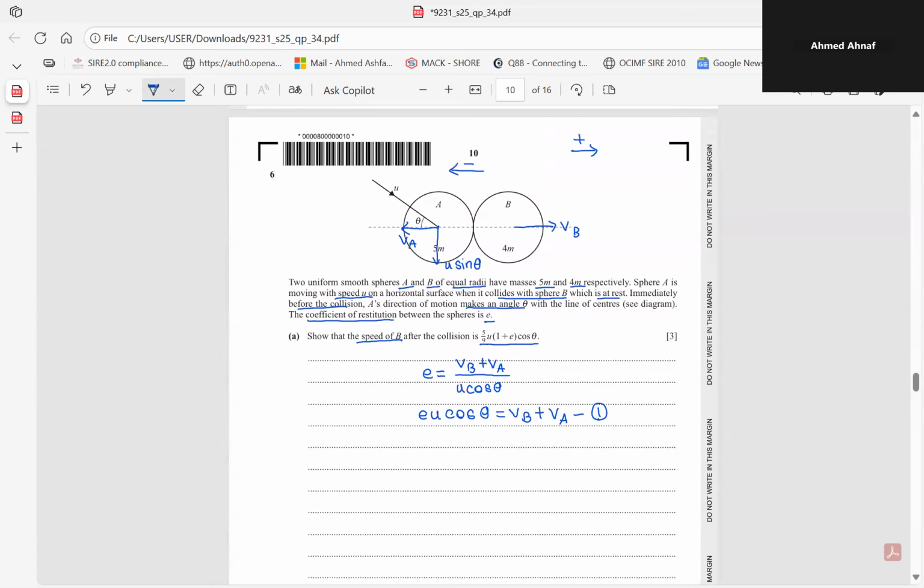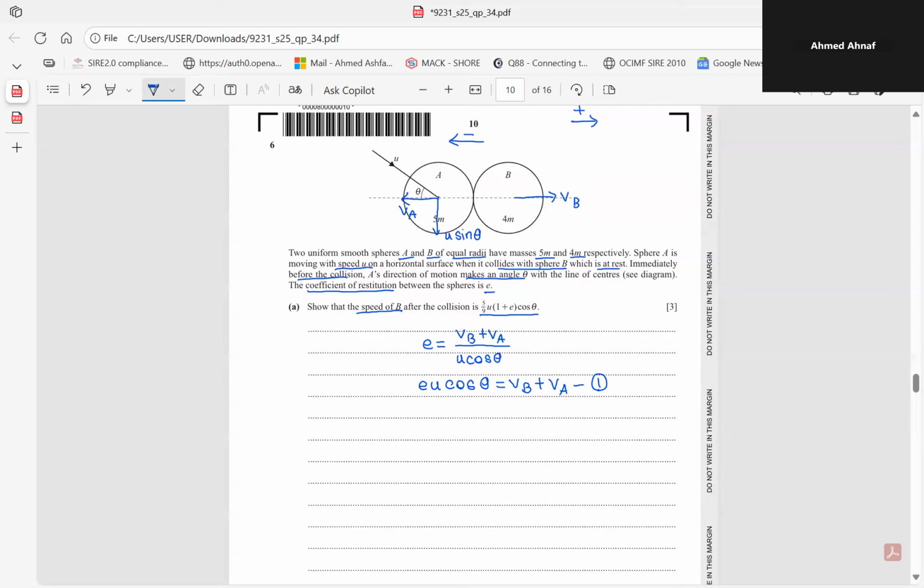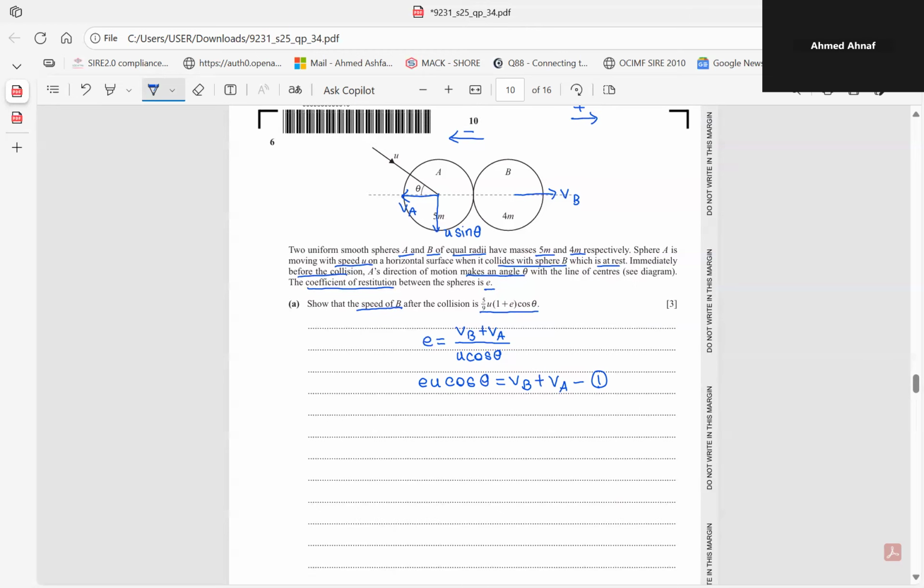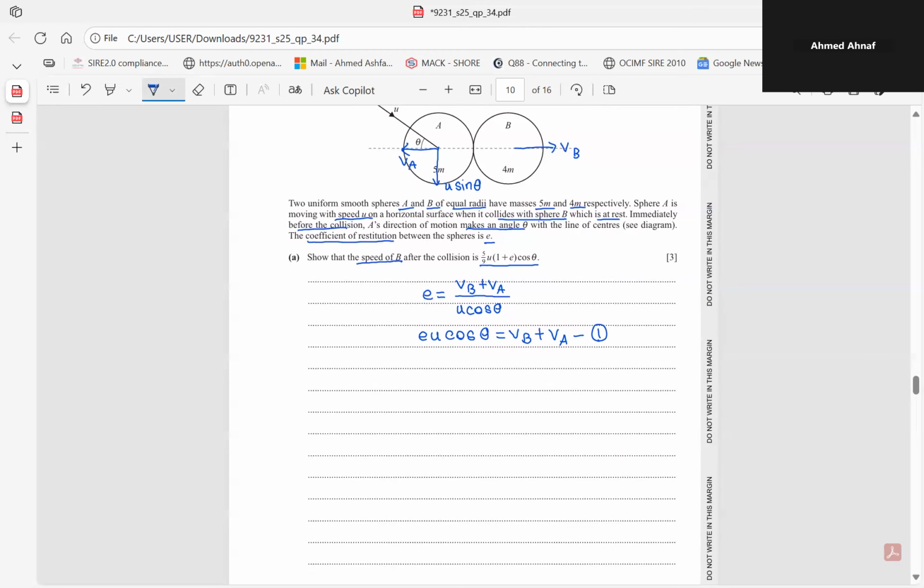All right, now we're going to use the conservation of momentum to form the second equation. So let's take the total initial momentum. So again, consider the horizontal velocity. 5mu cos theta plus 0, since B was at rest, that equals 4mVB, because VB is in the positive direction, minus 5mVA.